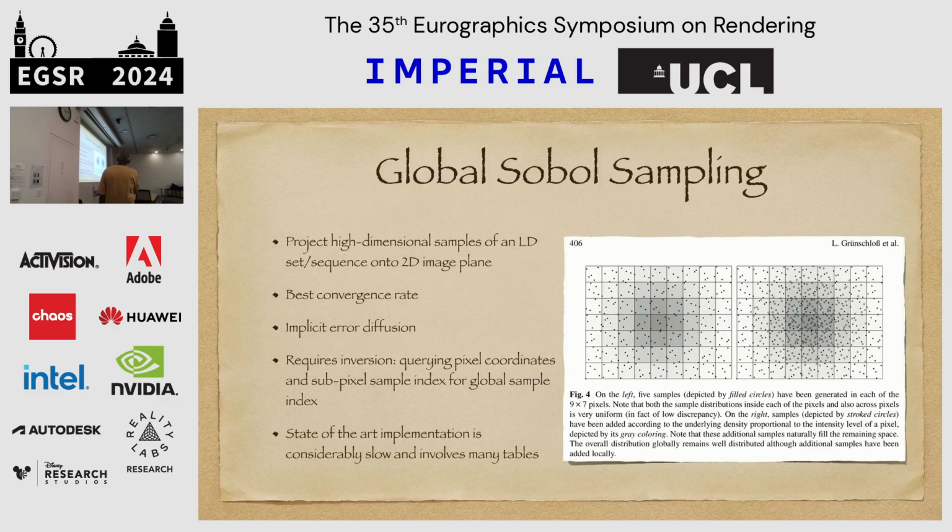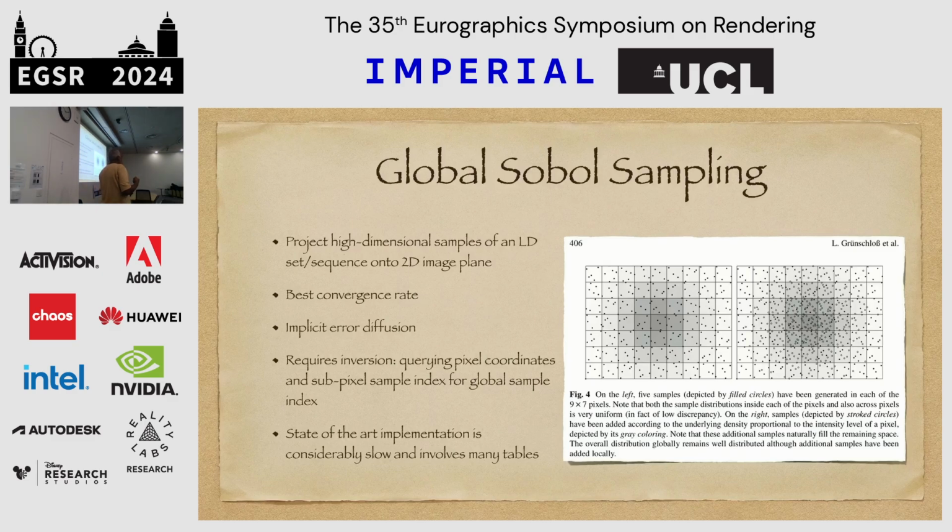You compute pixel by pixel, and you give the pixel coordinates and the subpixel sample index, and then you need to query the global sample index so that you can retrieve the sample.